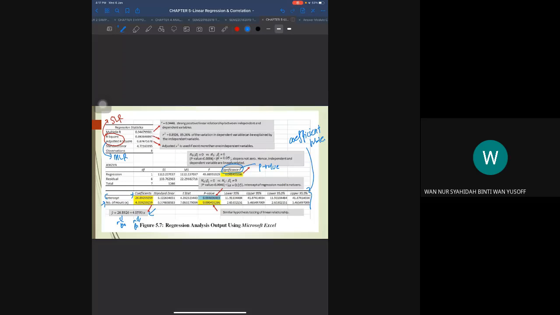One of the limitations of Microsoft Excel is that it cannot distinguish whether the correlation coefficient here is a positive or negative value. We know that in theory the R can be negative or positive, but Microsoft Excel cannot tell us.